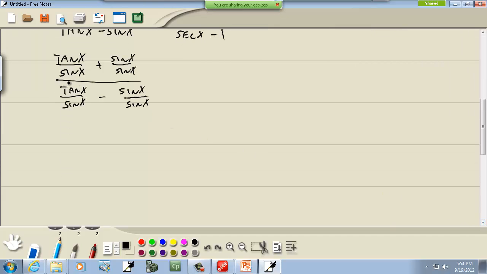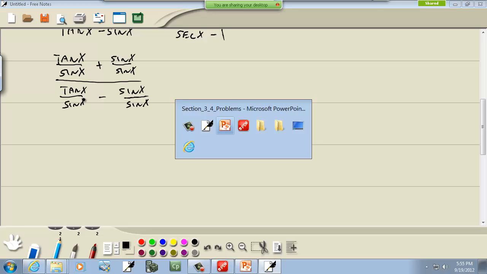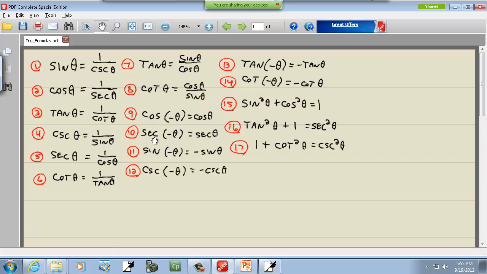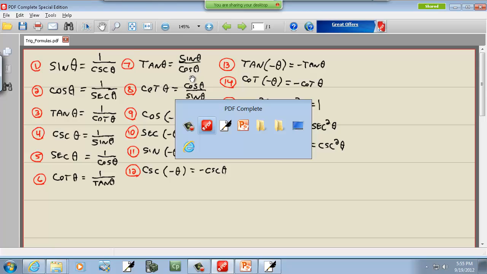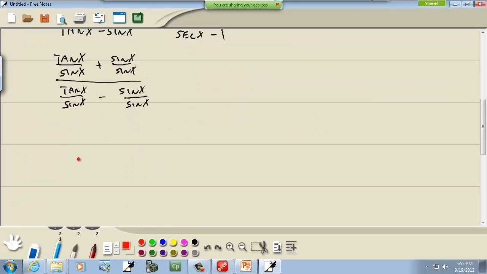Well, tangent I can rewrite as sine over cosine. Tangent is sine over cosine, property 7. So this becomes sine x over cosine x all over sine x. Sine x divided by sine x is 1.